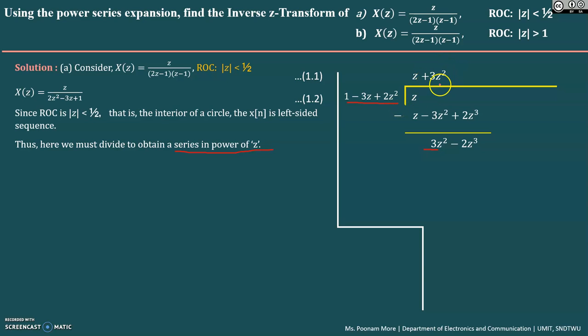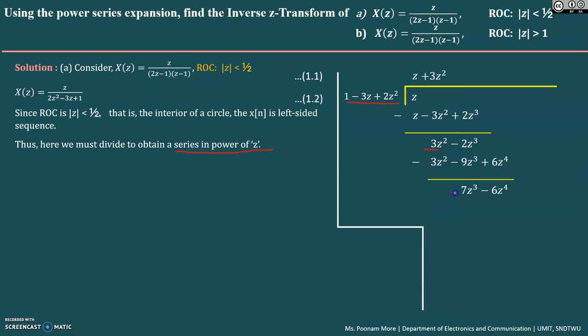Upon multiplying with 3z square, we will have the equation 3z square minus 9z cube plus 6 into z raised to 4. Now we will perform the subtraction between these two equations, and as a result we will have 7 into z cube minus 6 into z raised to 4.